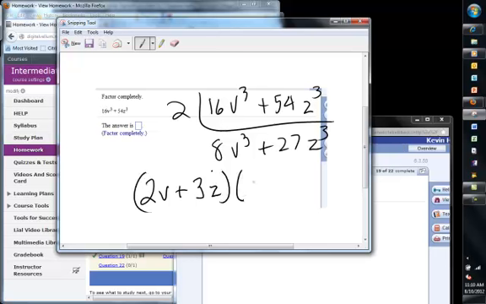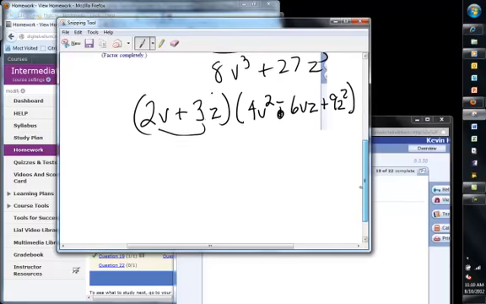Square 2 is 4v squared. This times this is, oops, it's going to be minus 6vz. Remember, you need to have one negative sign, plus 9z squared.